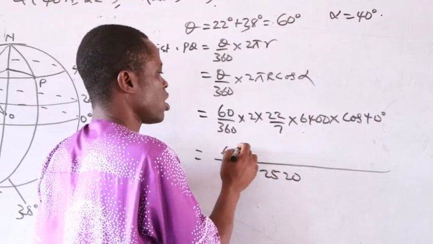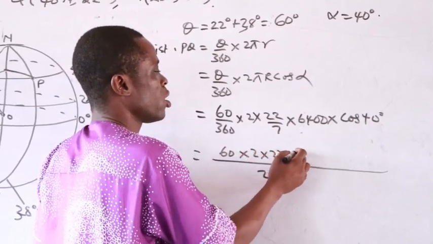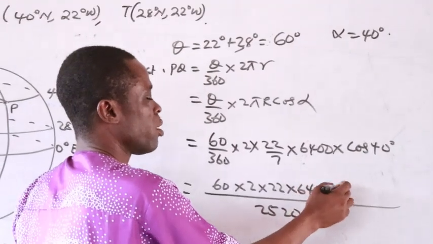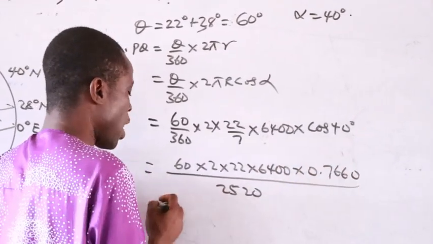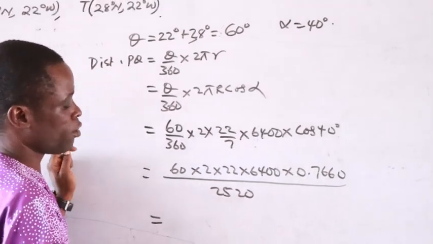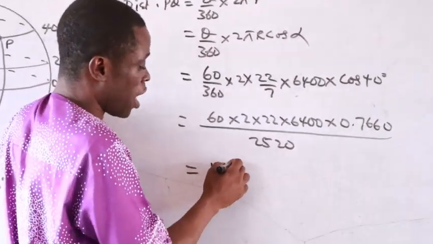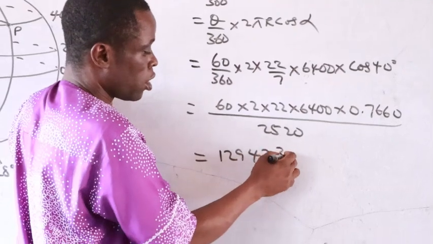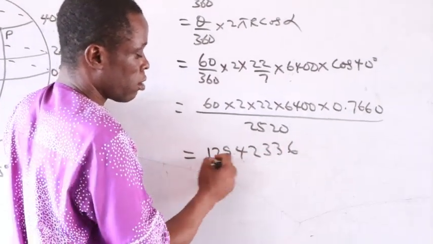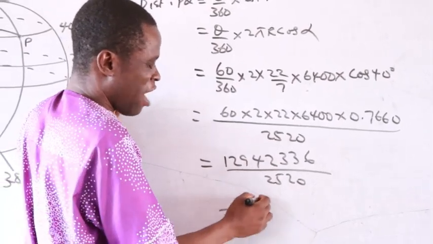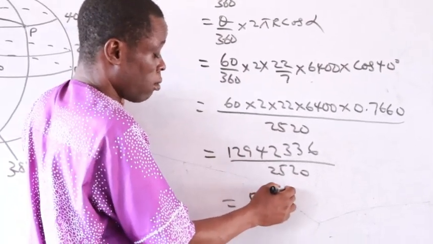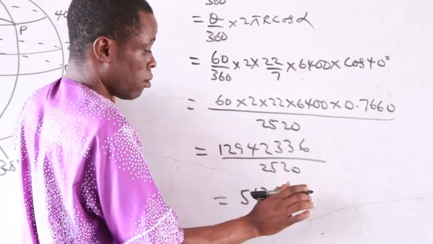Now we have 60 times 2 times 22 times 6,400 times cos 40. Multiply all the numerators together, what do we have? 129,336 all over 2520. What do we have? 5,3,5 point 84 kilometers.